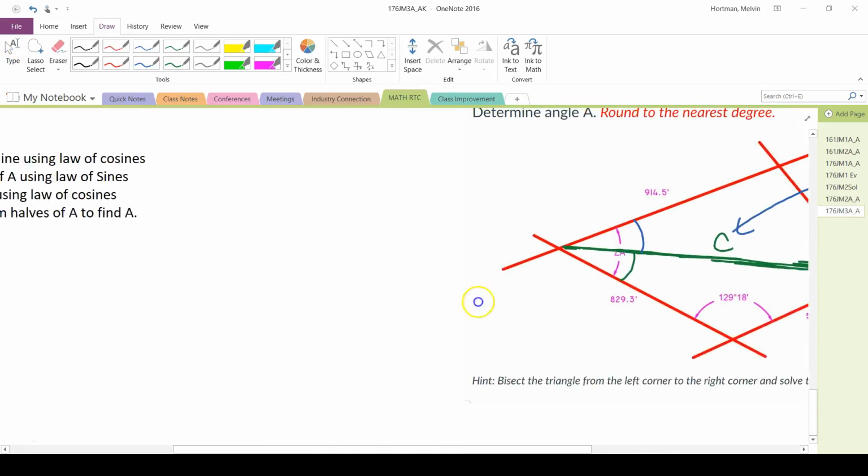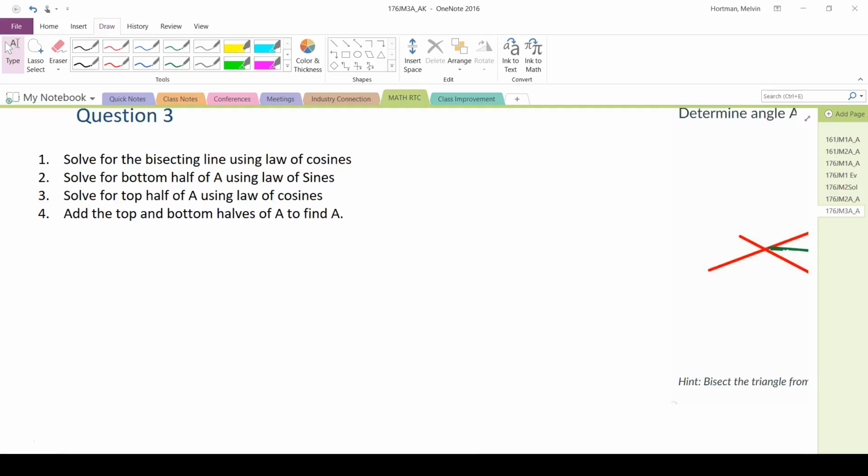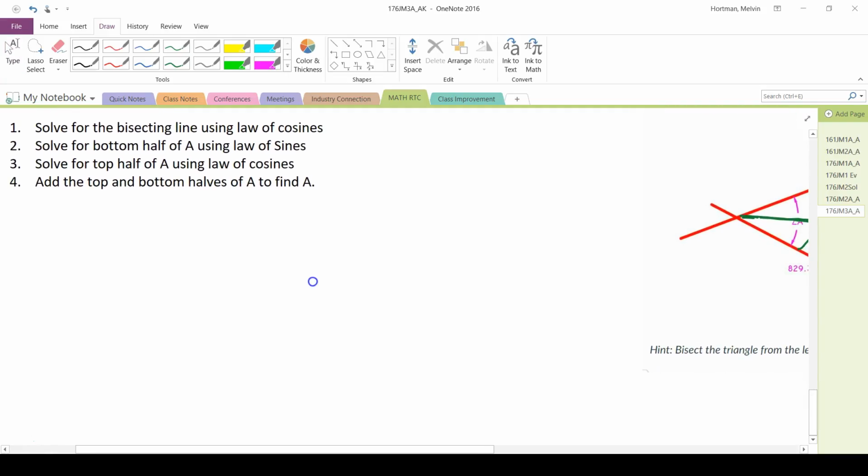And in case you get lost at any point in the road, I wrote a step-by-step of where we're going.